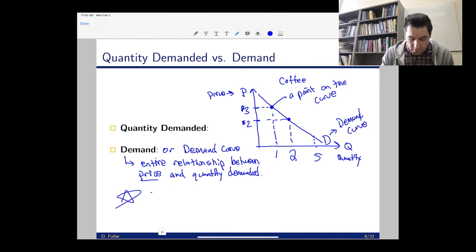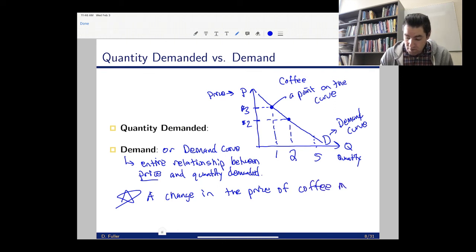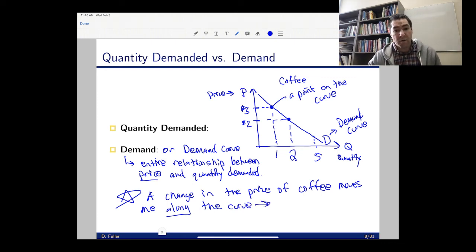So very important, a change in the price of the good, in this case coffee, moves me along the curve, which represents a change in my quantity demanded. A change in the price from $3 to $2 moves me from here to here, a movement along the curve, a change in quantity demanded.